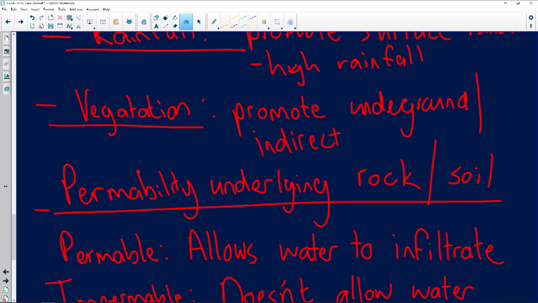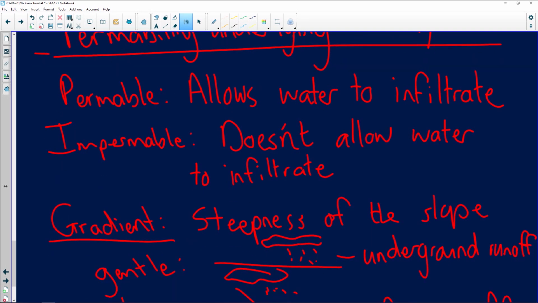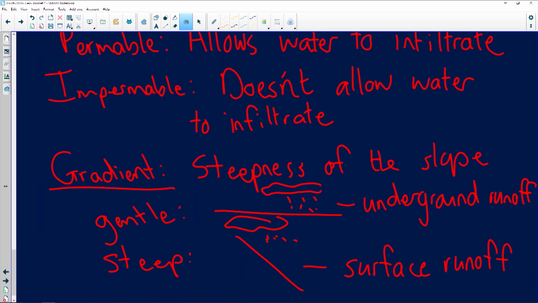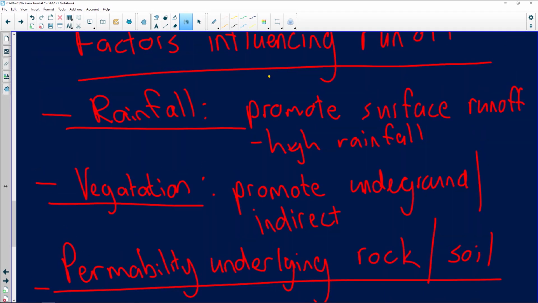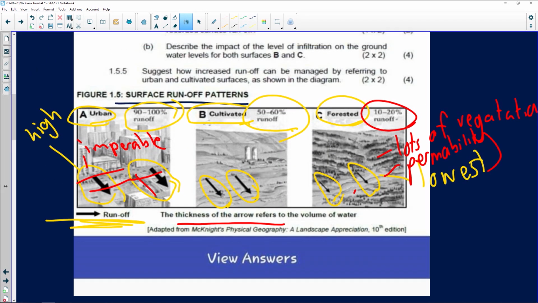Does it allow water to go in or not? The gradient, how steep the slope is or how gentle it is. Okay, so all these factors, I'm going to quickly throw it in here. Then we need to answer our question.